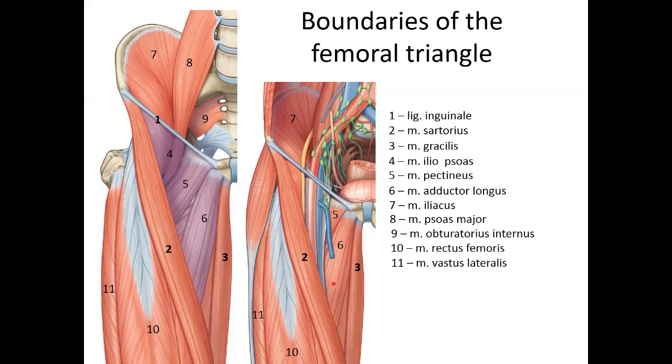The vascular and neural bundle, which contains nervus femoralis, here it is, of yellow color, arteria femoralis of red color, and vena femoralis of blue color.